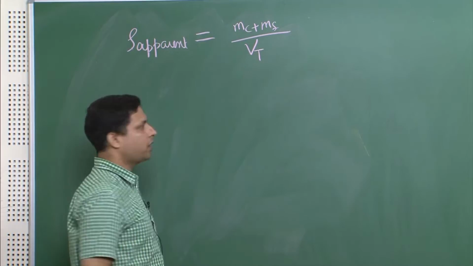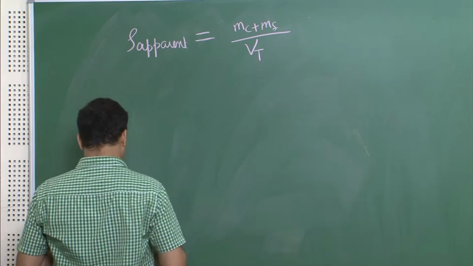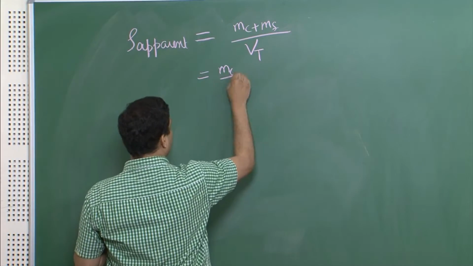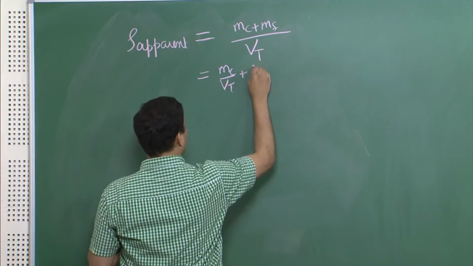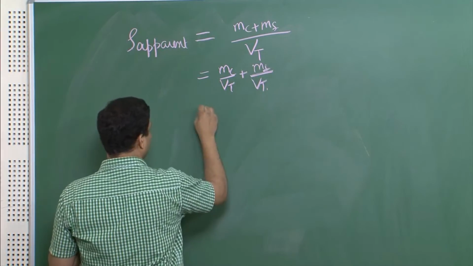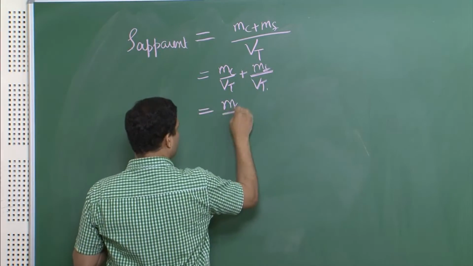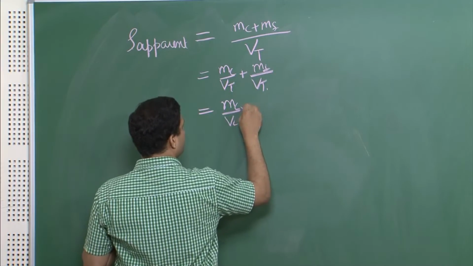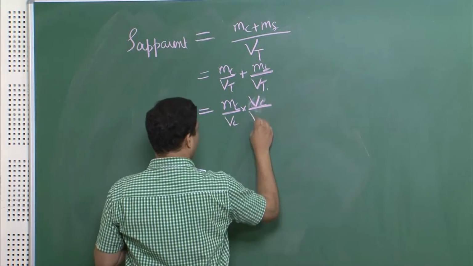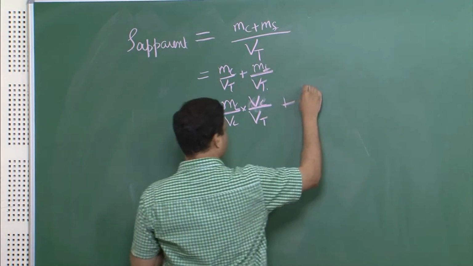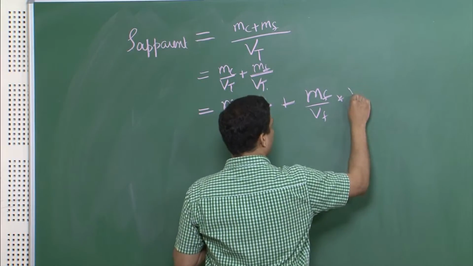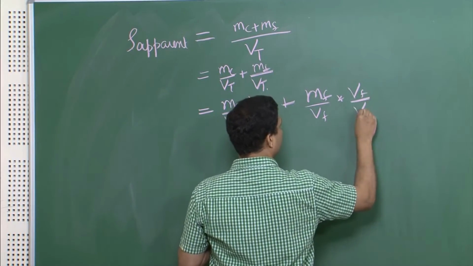So this is what we are interested in, which is going to give us the rho apparent, and this will be equal to, we can write it as MC by Vc times Vc by Vt plus MF by Vf into Vf by Vt.